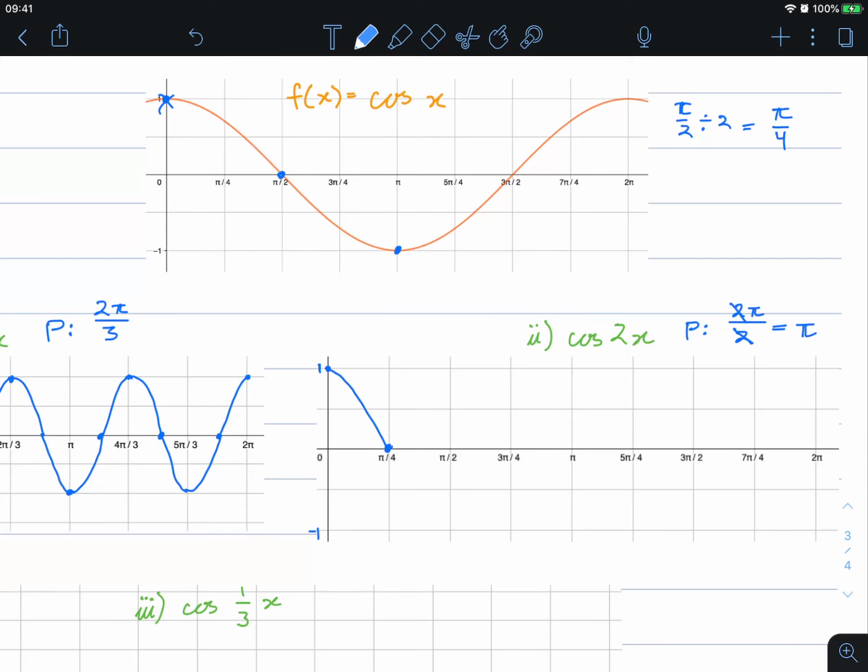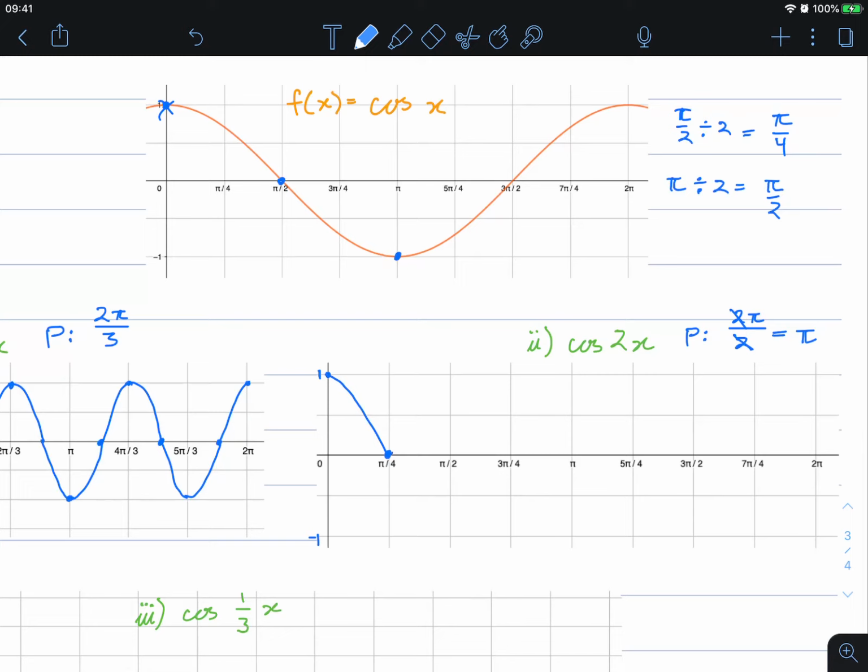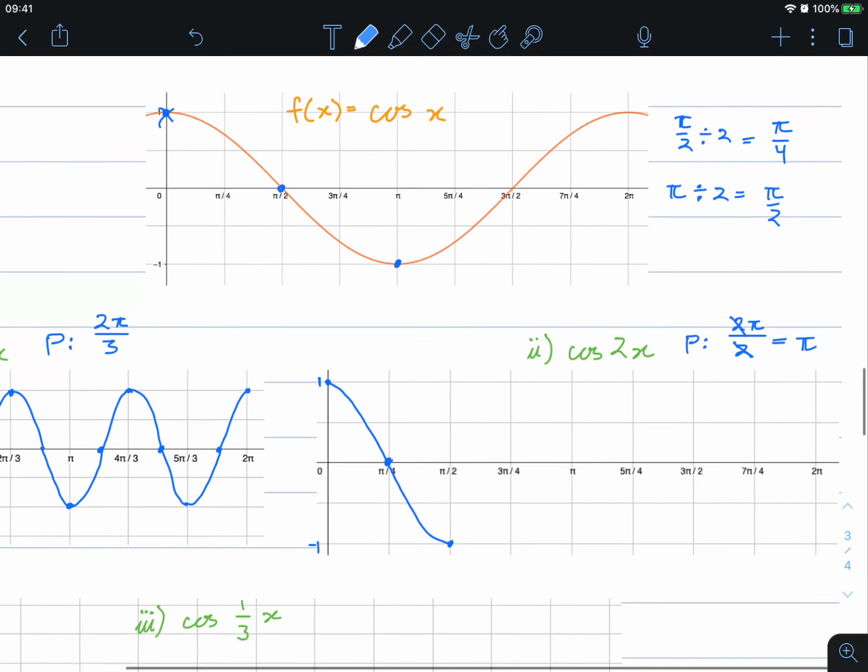This lowest point here is pi, and we're going to divide this by 2 as well, which gives us pi on 2. So its lowest point is originally at pi, so it's originally here, but it will now be here because of this change. This point here, so we're finished here.